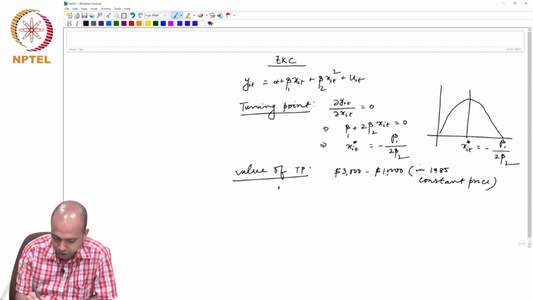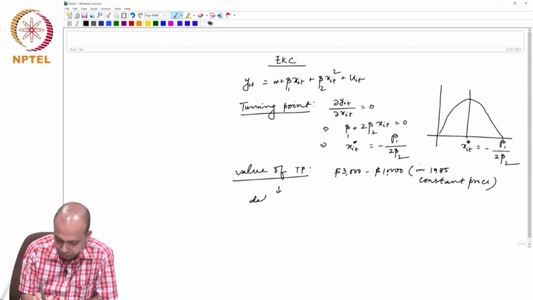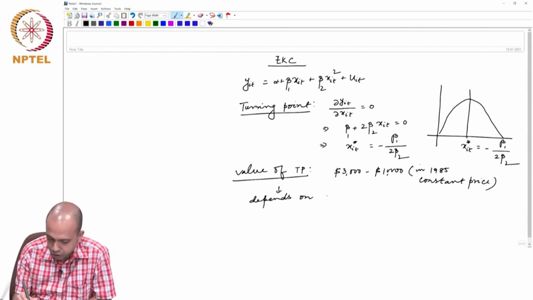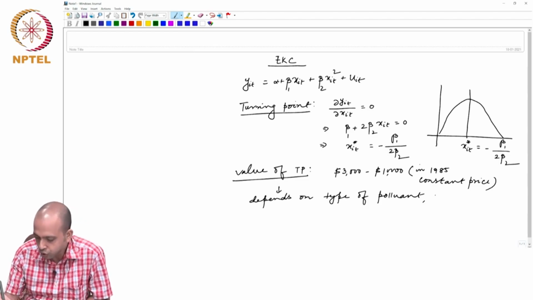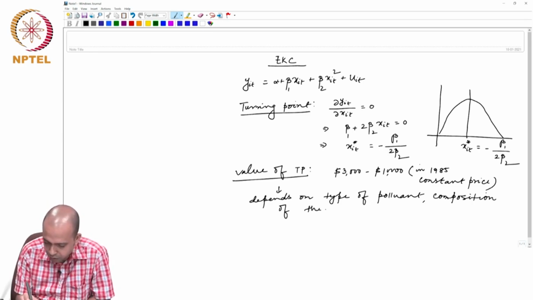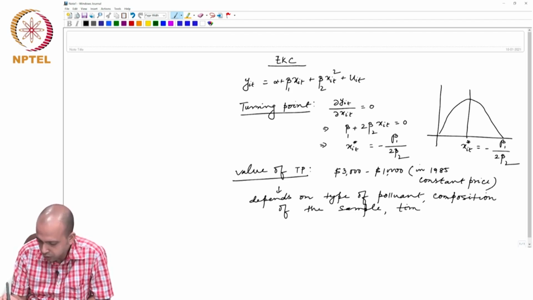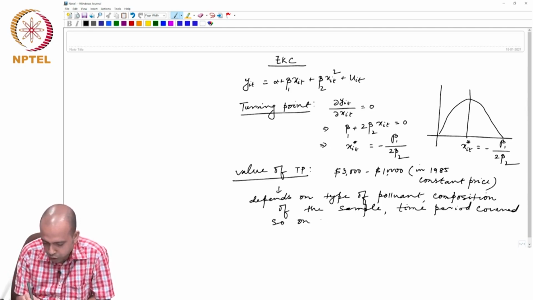So, the value of TP actually depends on the type of pollutant, composition of the sample, time period covered, and so on and so forth.